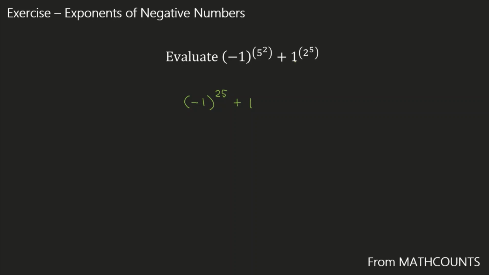So 1 raised to the 32nd power is simply 32 ones multiplied together, which is 1. So let's continue. Here we have negative 1 raised to an odd power. Negative 1 raised to an odd power is always equal to negative 1. Then we have plus 1. So the end result is 0.